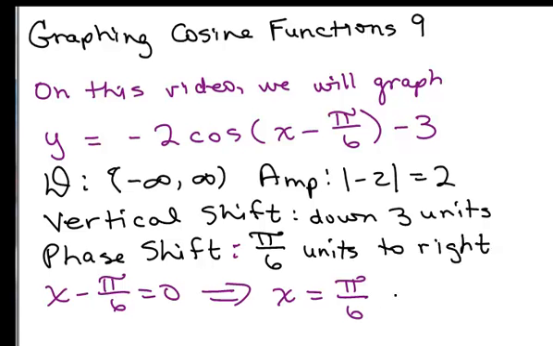Now, this also tells us that is going to be our first key x coordinate. And how would we get the next x coordinate? Since we have a period of 2 pi, that means we'll add a fourth of the period, so we'll add pi over 2 to get the next key coordinate.